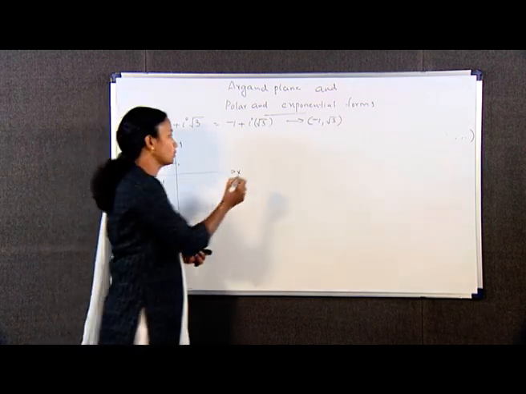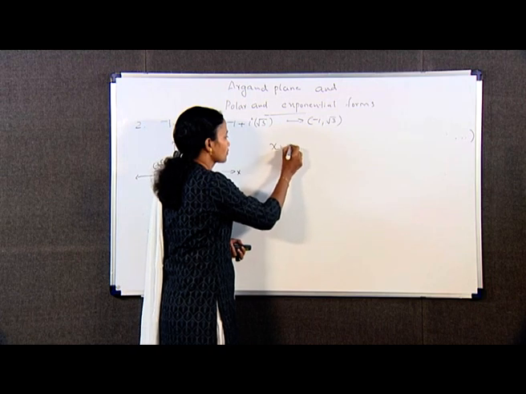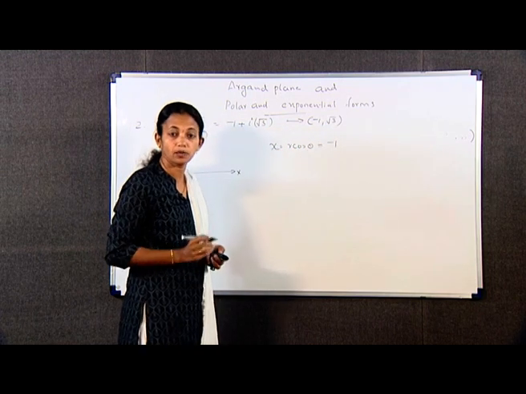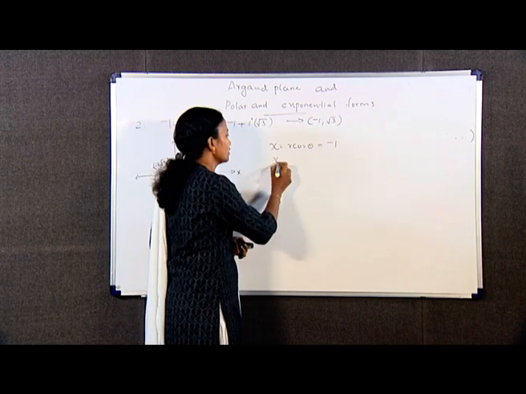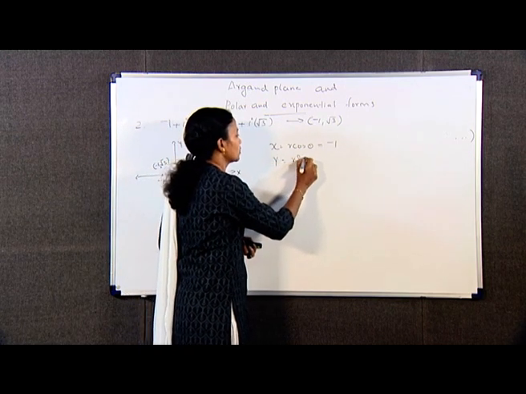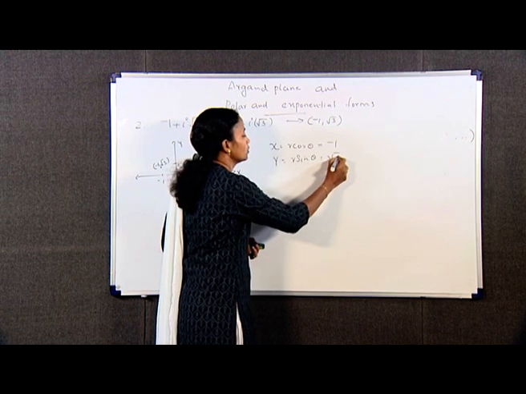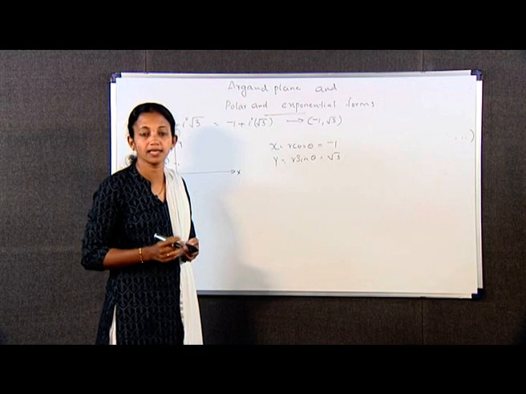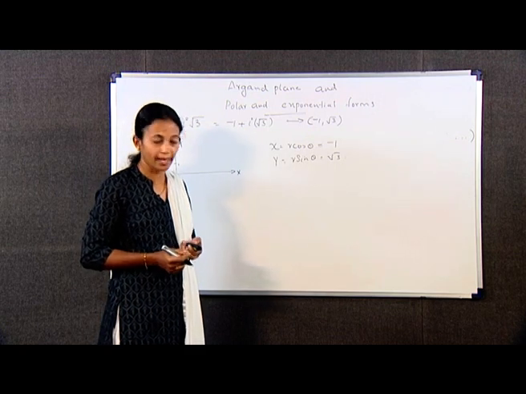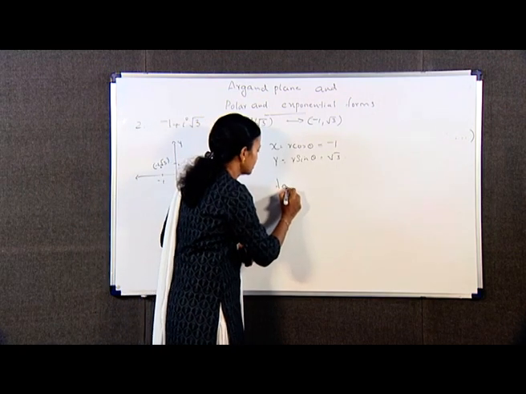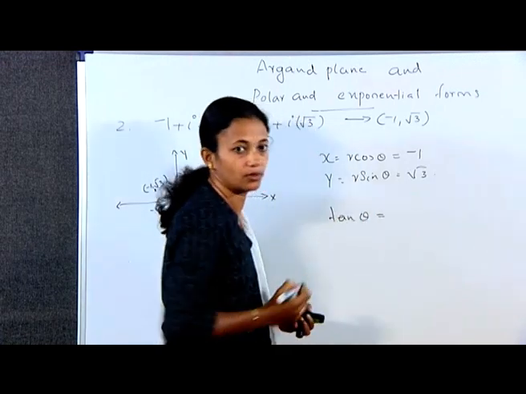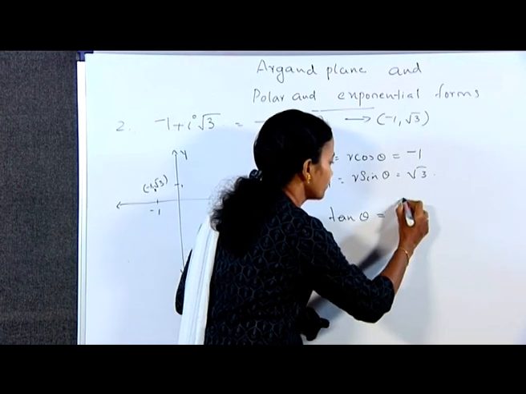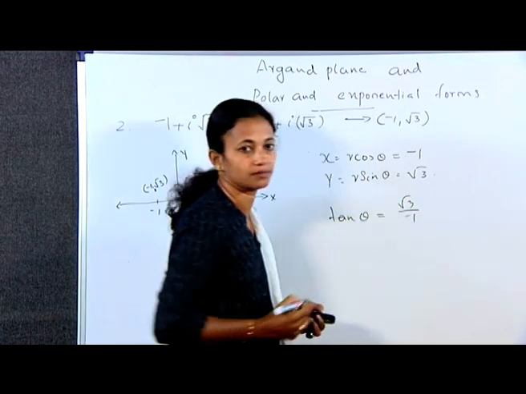Also, x is equal to r cos theta, which is equal to minus 1. Here y is equal to r sin theta, which is equal to root 3. So, the point lies in the second quadrant and hence tan theta is equal to y by x, which is equal to root 3 by minus 1.